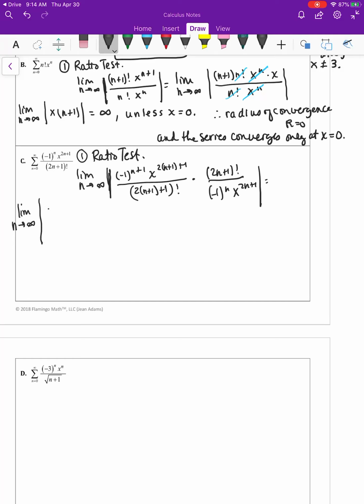Okay, so this one's going to be a little bit of work to simplify.